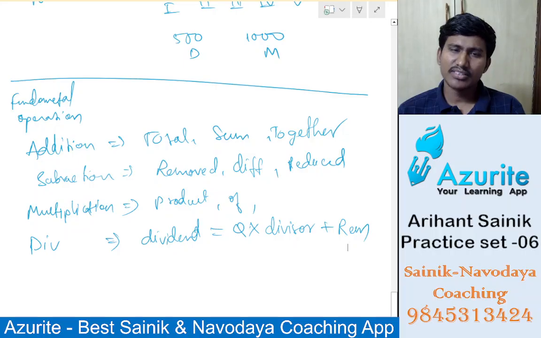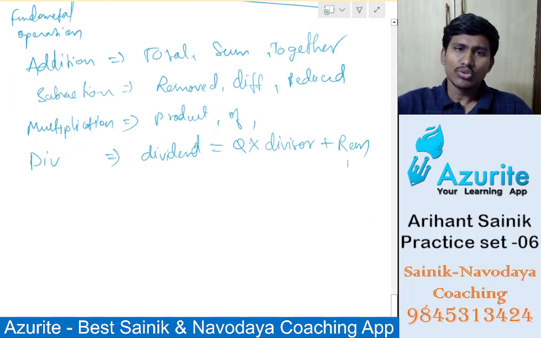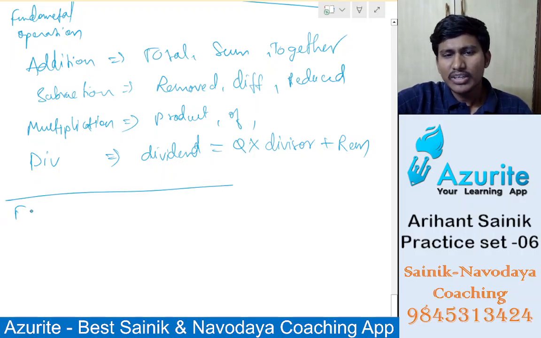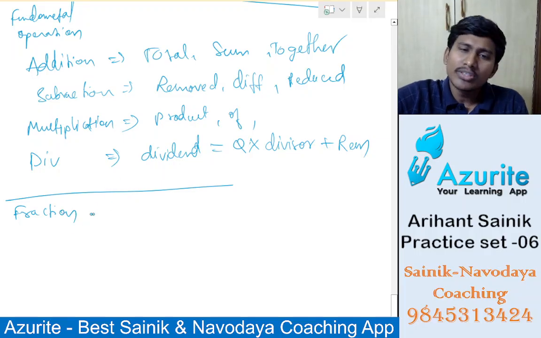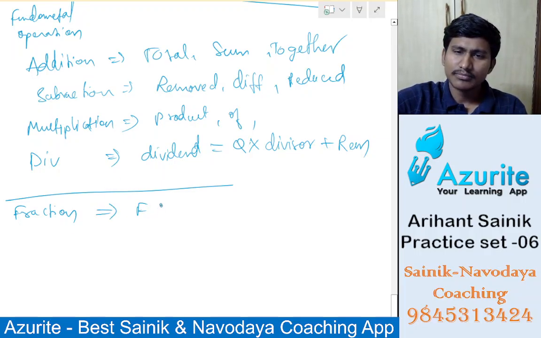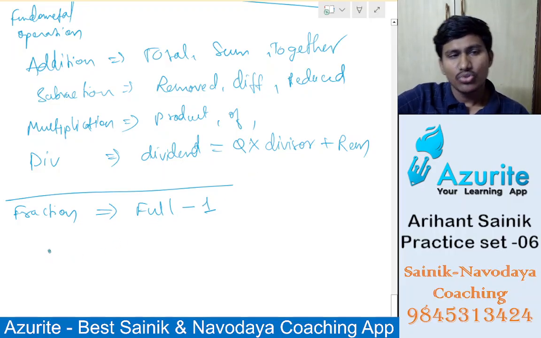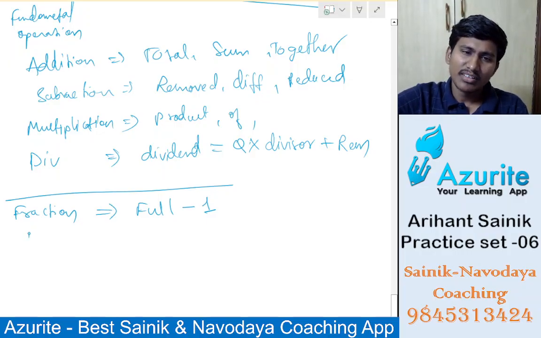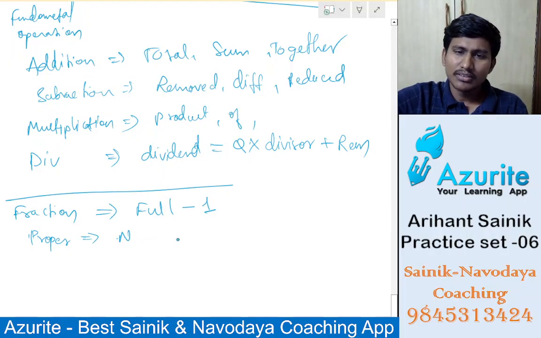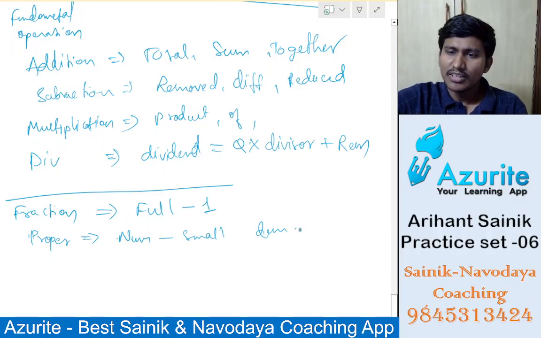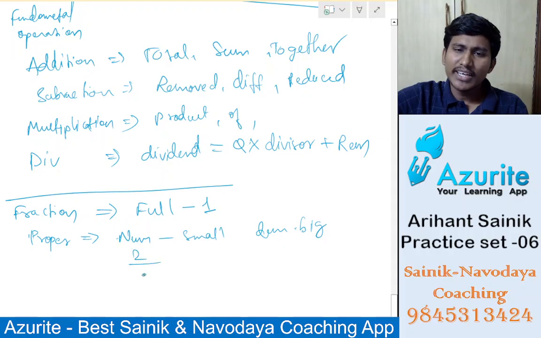Now, fractions. So I told you fractions, what we have to consider when it is a fraction. Full should be considered as 1. Okay, in types of fraction, proper fraction, numerator will be smaller and denominator will be bigger, that is 2 by 5.